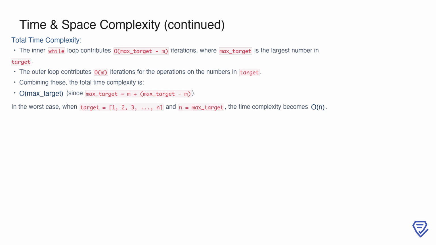Meanwhile, the outer loop contributes O(m) iterations, one for each element in target. When we combine these two, the total time complexity simplifies to O(max_target). In the worst-case scenario, where the target array includes all numbers from 1 to n, max_target would equal n, and the time complexity reduces to O(n). This shows that the solution scales linearly with the size of the largest number in the target array.